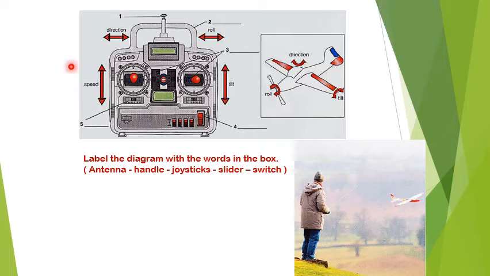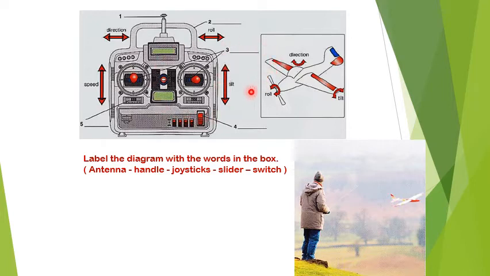So here we have the left part and we have the right part. The left part controls the speed and the direction, and it can move up and down, right and left. This part controls the rolling and the tilting, and we will explain what's the meaning of rolling and tilting right away.